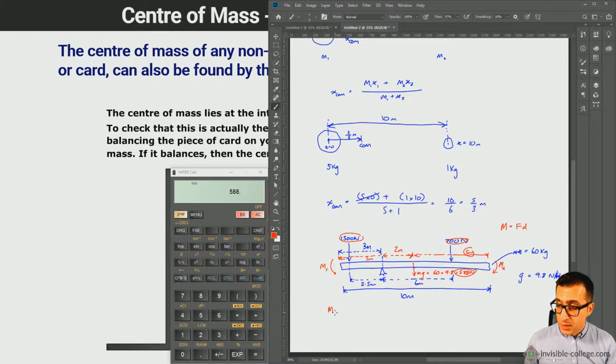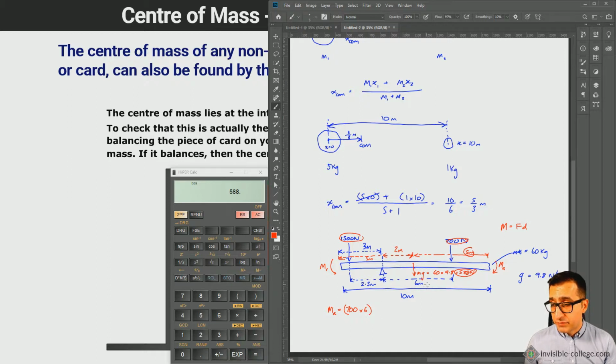So the anti-clockwise moment here is going to be the sum of the moments of these two forces. It's going to be this 700 Newton force acting at a distance of 6 meters from the fulcrum. So we have 700 times 6. And the other part of the anti-clockwise moment will be the weight of the seesaw itself acting at 2 meters from the fulcrum.